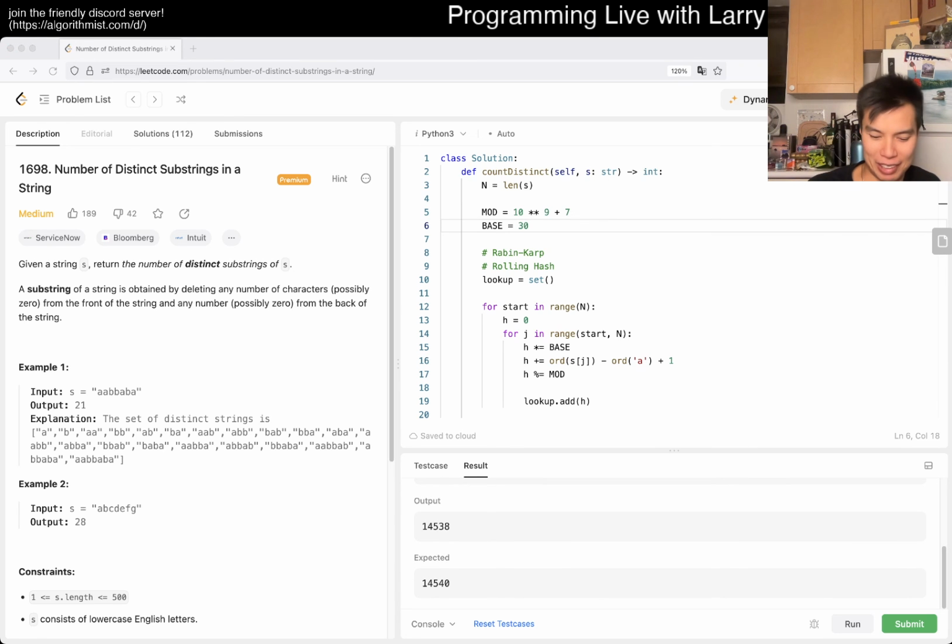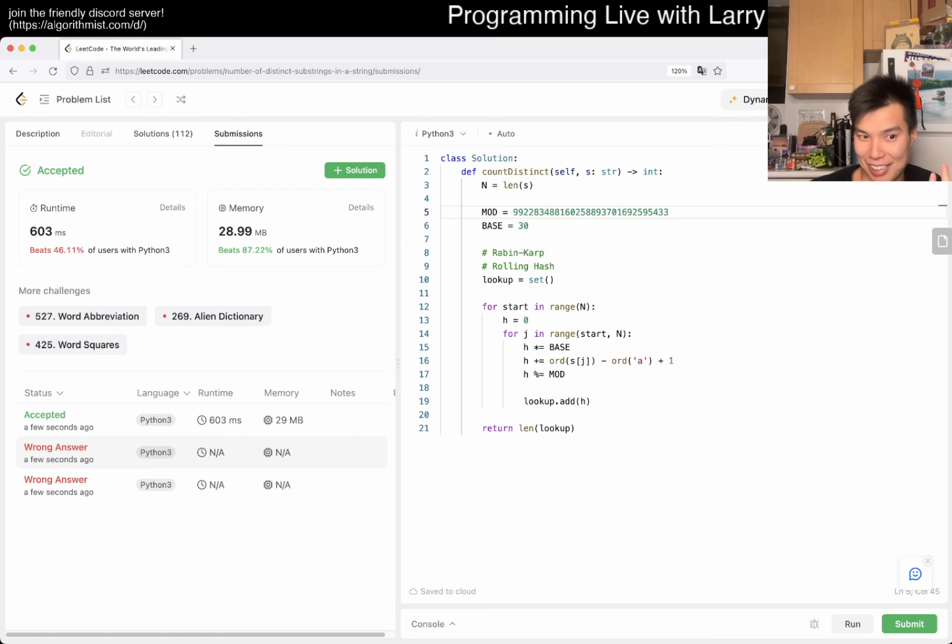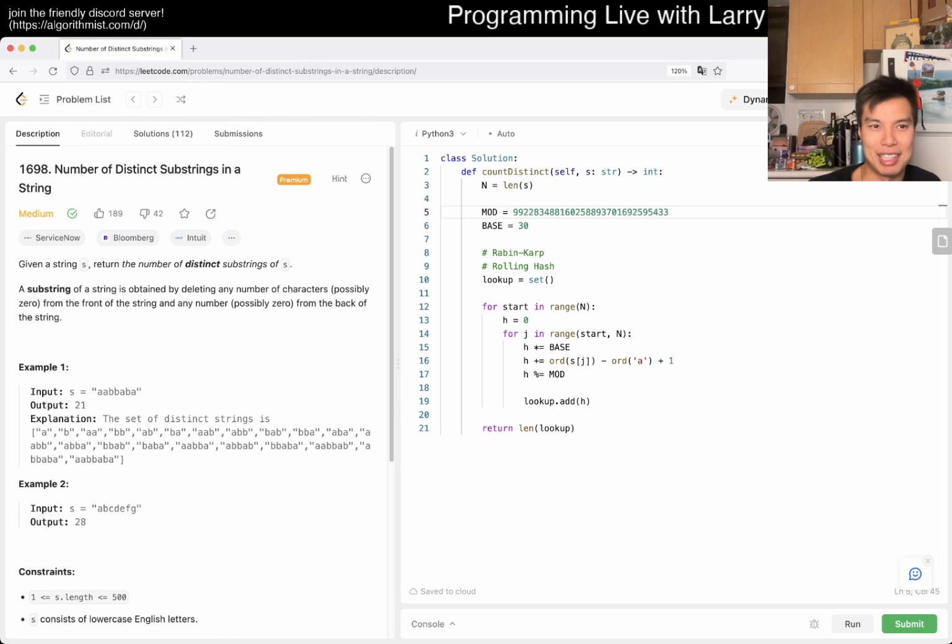Alright, let me find another mod, a big prime. Alright, hang on, sorry. I guess that's a very common mod, I don't know. That's the problem with rolling hash sometimes, but yeah.